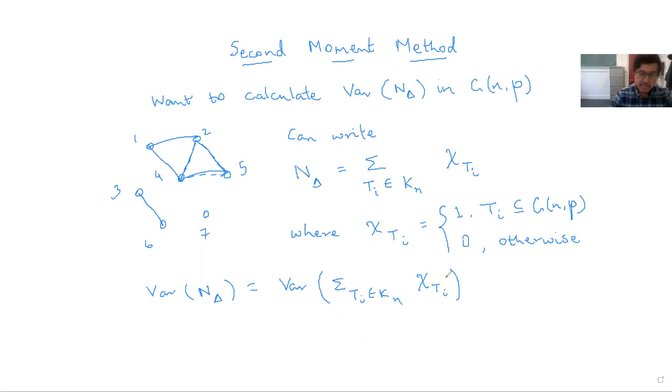Now, if these random variables were independent, the variance of a sum would be the sum of the variances. But in fact, they are not independent in general, and so we want to know how to calculate this. And so let me remind you of a general formula for sums of random variables. And I'm not going to prove that. You probably saw that in your first year, but if not, just check any textbook.